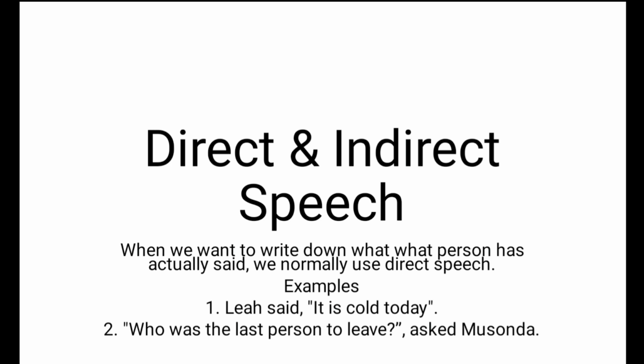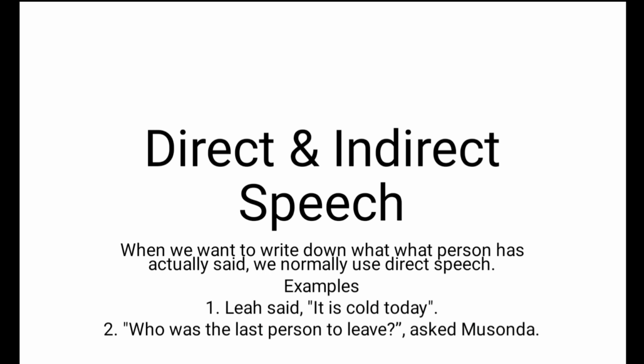Then we have our second example. This one begins with whatever Musonda said, the very words Musonda uttered. It reads, "Who was the last person to leave?" So Musonda was asking who the last person to leave was. These are the exact words that were used to ask the question. Who asked the question?